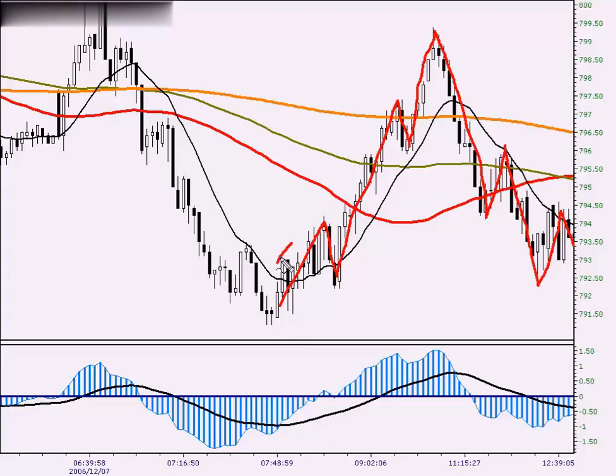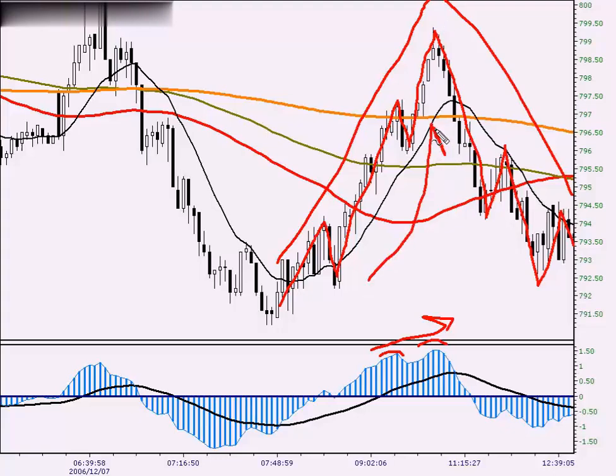This is basically a V-top. On V-tops, there is no momentum shift at the top. Notice higher high, higher high. So at the very tip top, there's no momentum shift. We still have a higher high, because momentum does not slow down at the top. This is an exhaustion move.